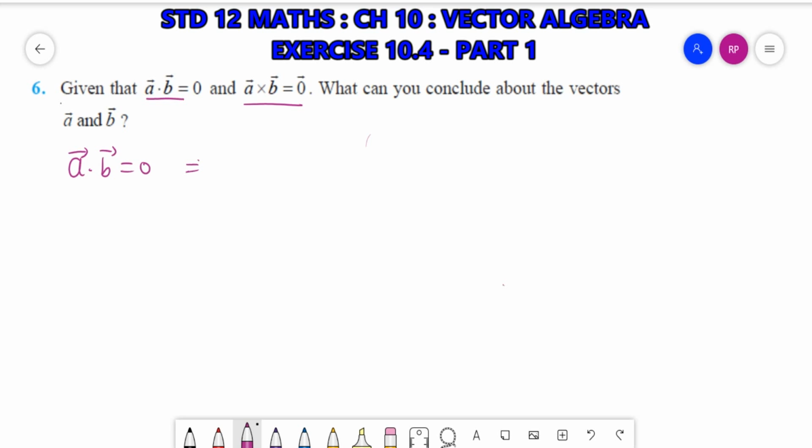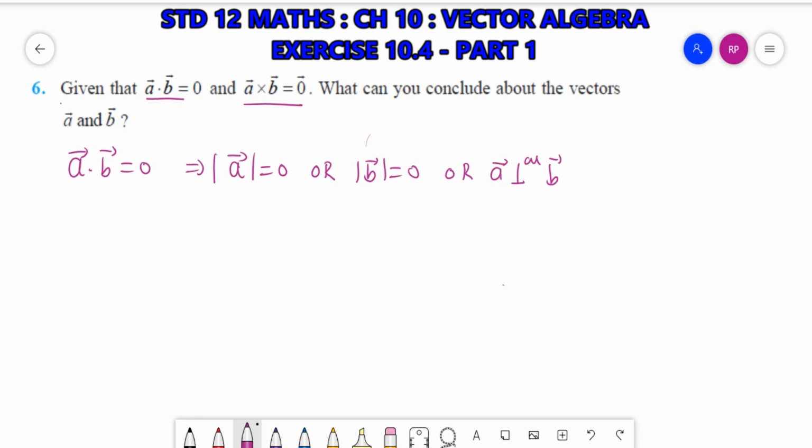Either the magnitude of vector A is 0, then A dot B will be equal to 0, or the magnitude of vector B is equal to 0. If both are not 0, then the third situation is vector A is perpendicular to vector B, because A dot B is equal to AB cos theta, right? And if it is perpendicular, then theta is 90 and cos 90 is 0.